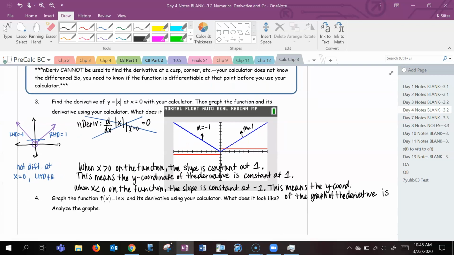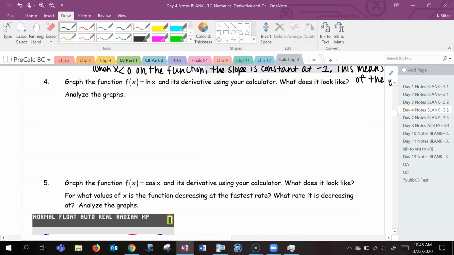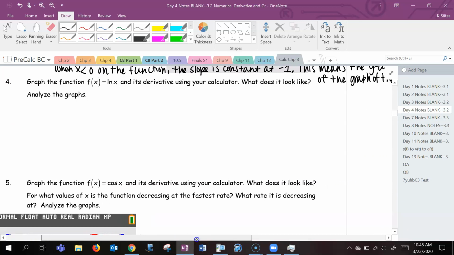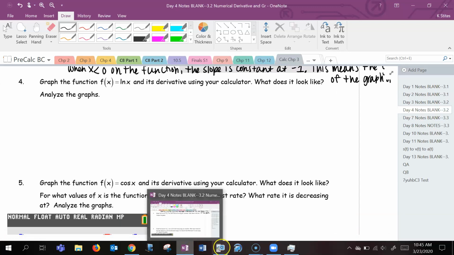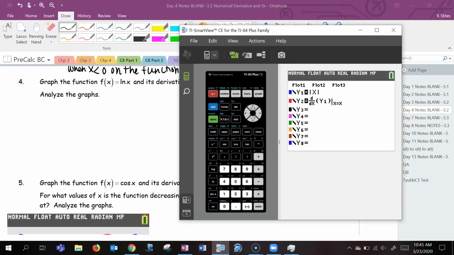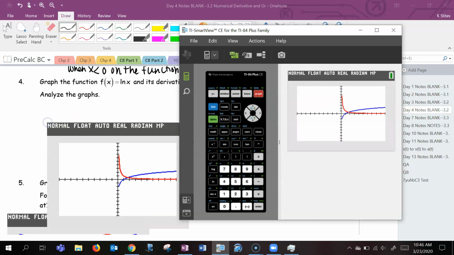All right, so now we're going to do that with two other graphs. Hooray! Graph the function f of x equals natural log of x and its derivative using your calculator. What does it look like? Analyze the graphs. Okay, so again, the benefit of using this d dx of y1 is that you don't have to change that one at all. We're just going to type in natural log of x. And the blue is the original function, and the red is the derivative. I'm going to bring that over here.